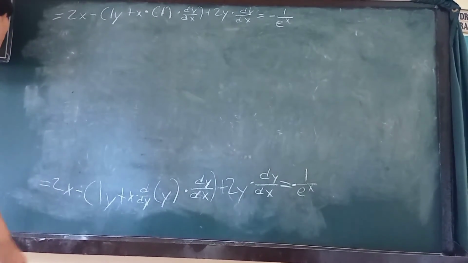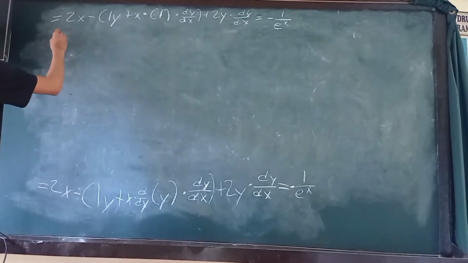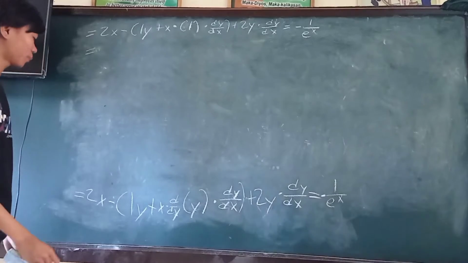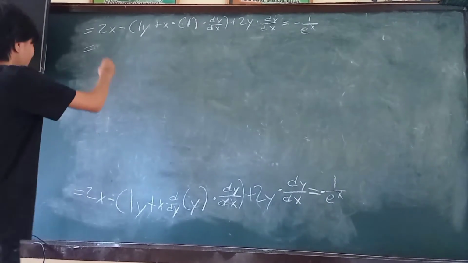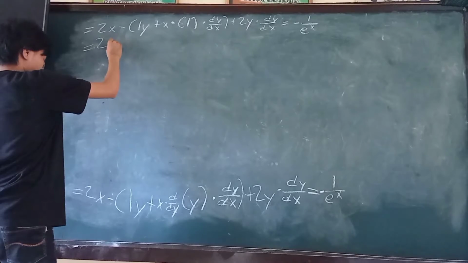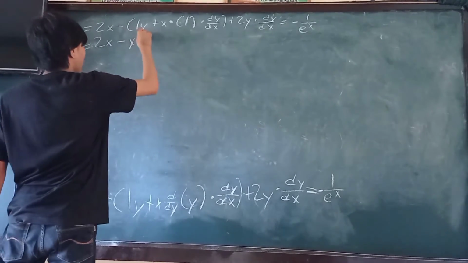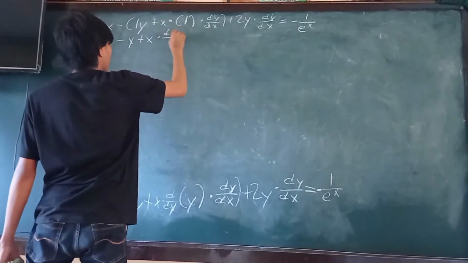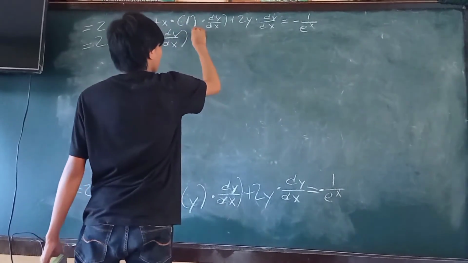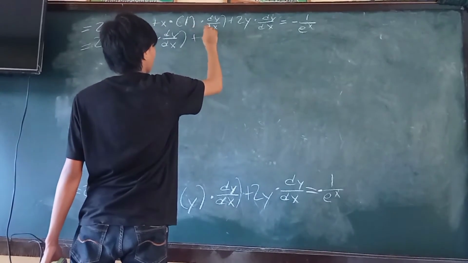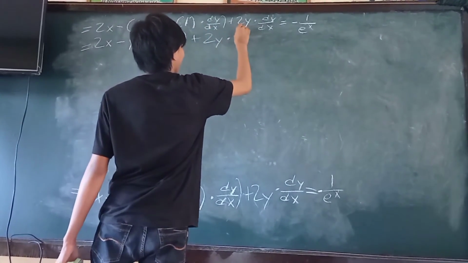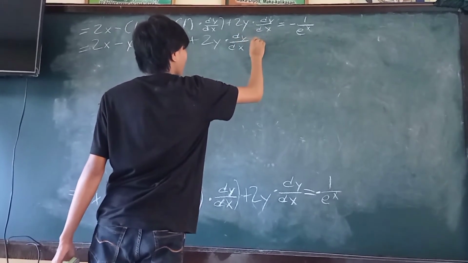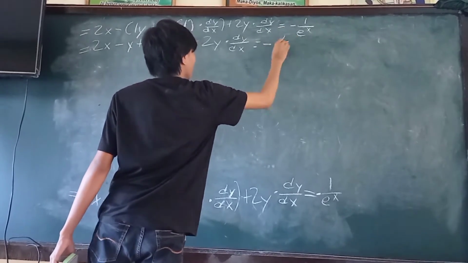Then next step is simplify the expression, then remove the parentheses. 2x minus y plus x times dy over dx plus 2y times dy over dx equals to negative 1 over e raised to x.